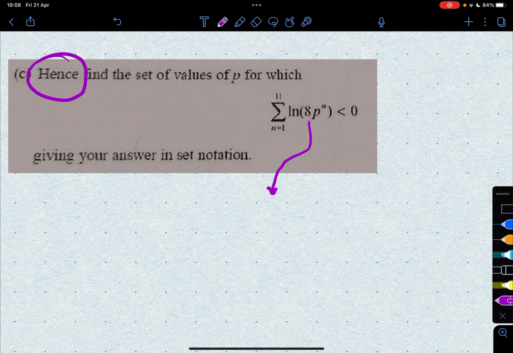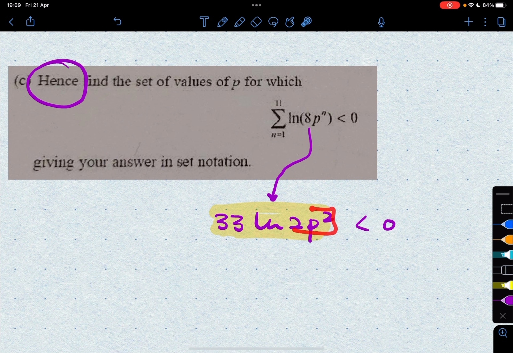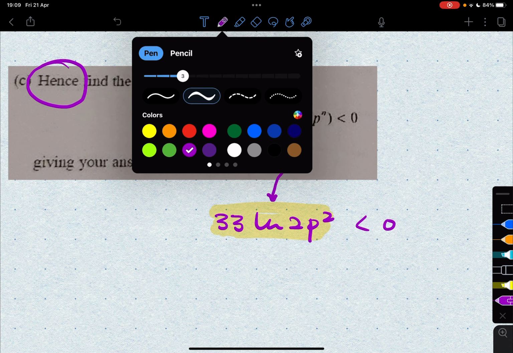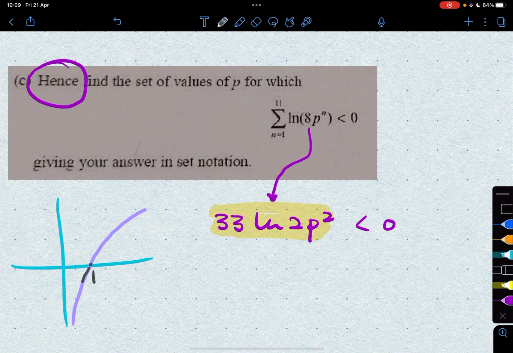A log is only negative when the argument is less than 1. So you know what the sketch of log looks like. Sketch of log looks like this. So log of 1 is 0, and log will be negative for x less than 1.